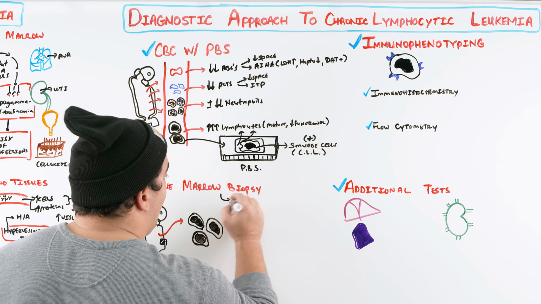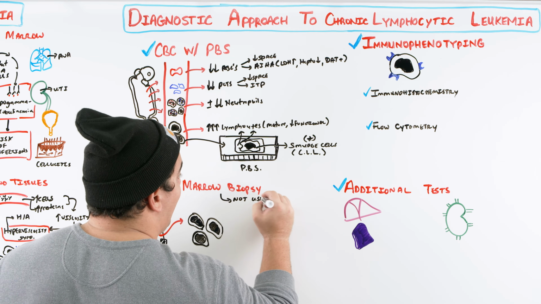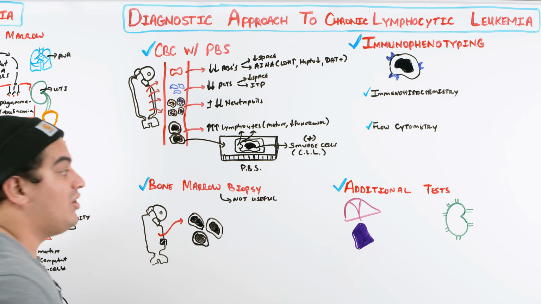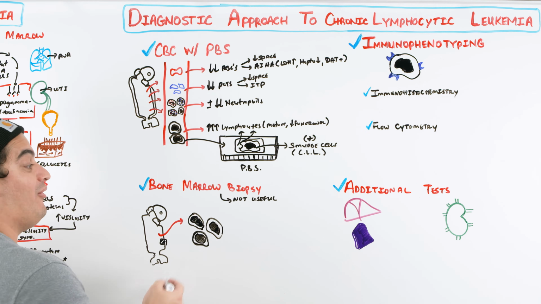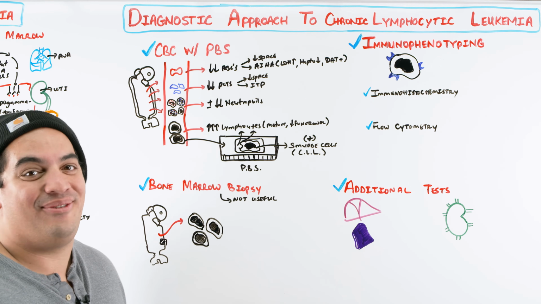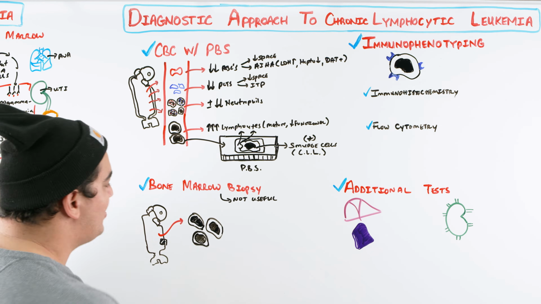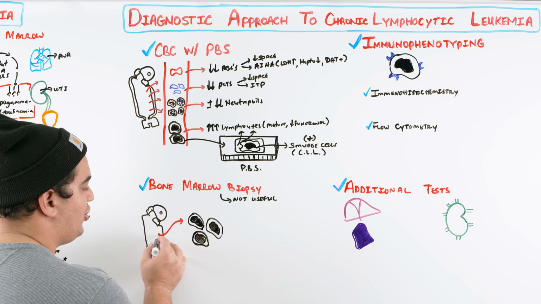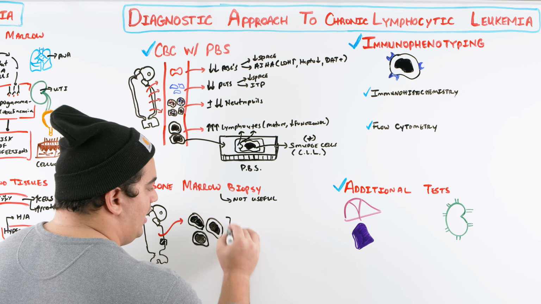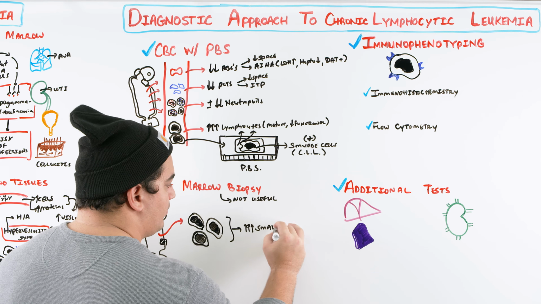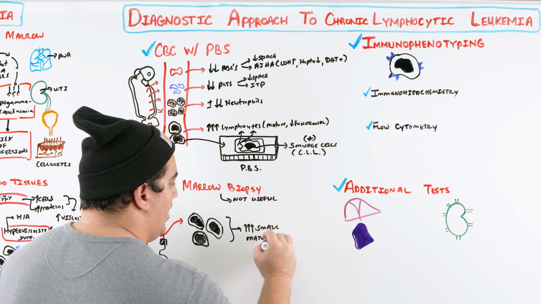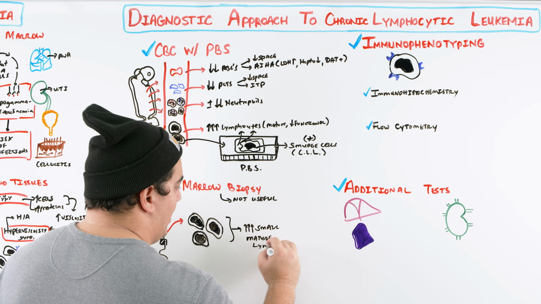It's actually not super useful, and it's not super diagnostically definitive either. The reason why is it's great for ALL. It's not great for CLL. Because if we take a chunk of the bone marrow, we're going to see an increasing number of small, mature appearing lymphocytes.